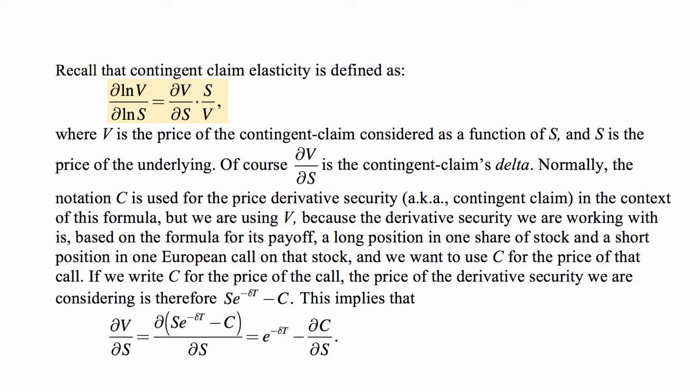Okay, so if we write C for the price of the call, the price of this derivative security that we're working with is S times e to the minus delta t minus C, based on what we concluded by looking at the payoff. Well, okay, then this means that the partial derivative with respect to S is e to the minus delta t minus the delta of the call.